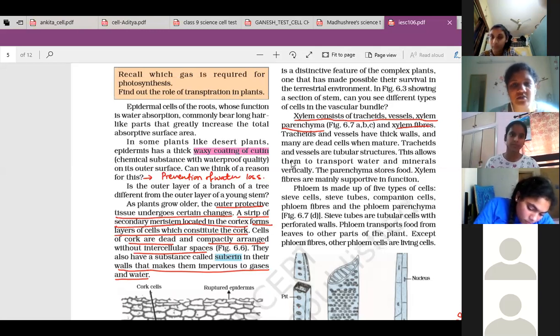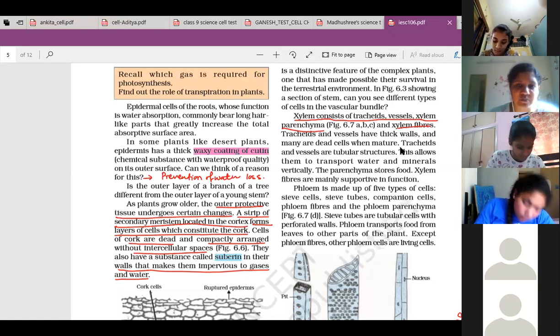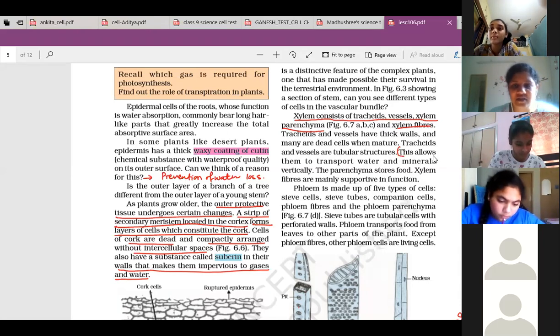This allows them to transport water and minerals vertically. The parenchyma stores food. So these are the functions of the different four parts. And what is the function of fiber?